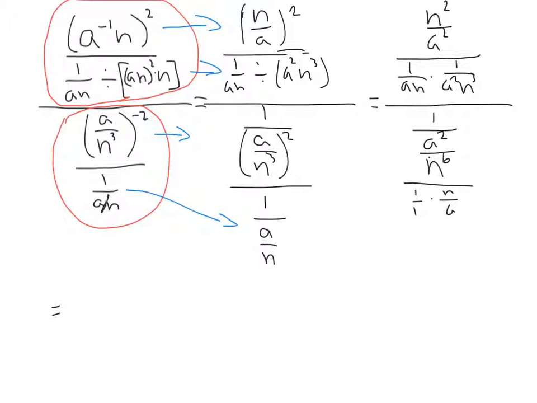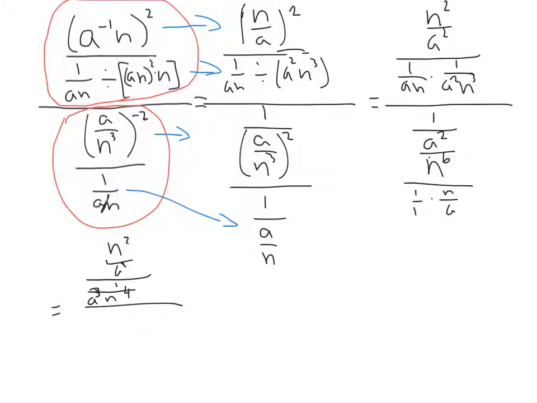What this will give us, if I can fit it all in, is going to be n squared over a squared over 1 over a to the third n to the fourth. That's a 3, n to the fourth.